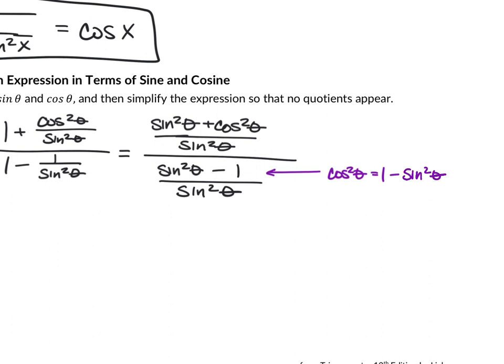But we have sine squared of theta minus 1. So to get those two to switch, since subtraction is not commutative, meaning order matters with subtraction, if I make everything negative, so negative cosine squared of theta, the sine squared theta and the 1 can switch spots. So that numerator is a Pythagorean identity, but it is the negative version of it.